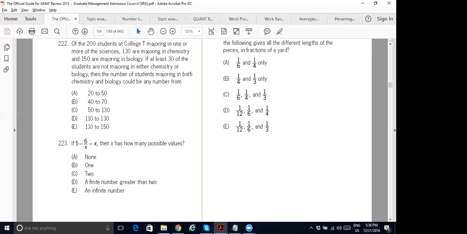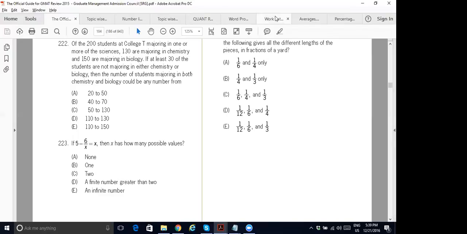Now, we know that there is a variable in the denominator, and that is why they have this question. So they want us to check if there is a denominator. Once we check that we have a denominator, we put x is equal to 0. x should not be equal to 0.